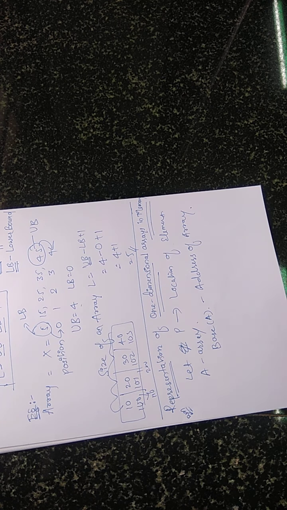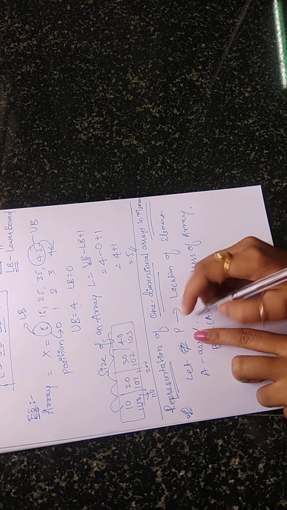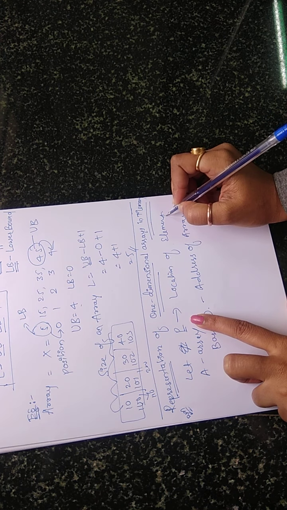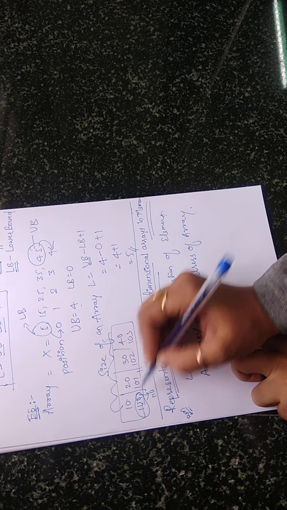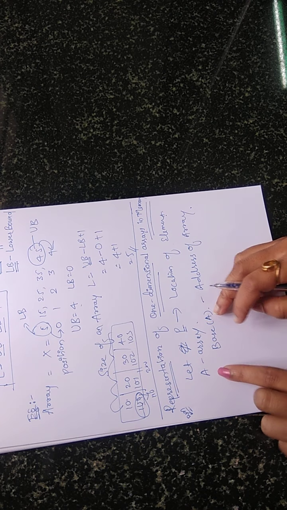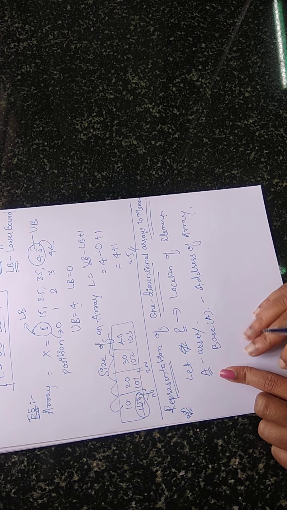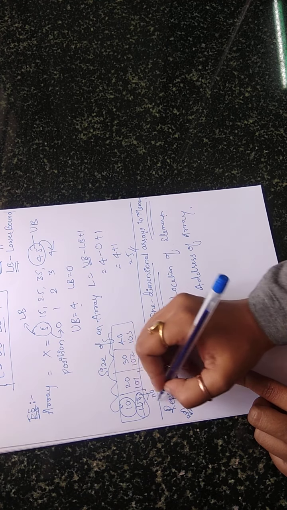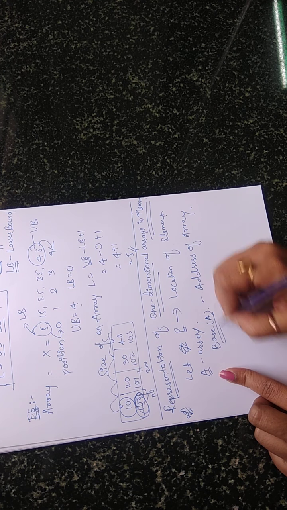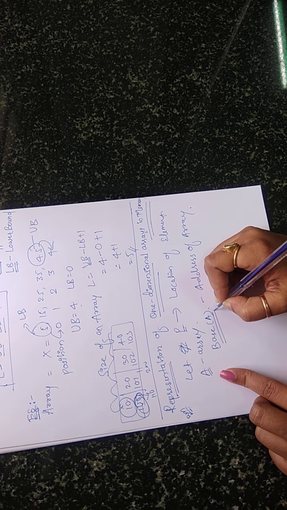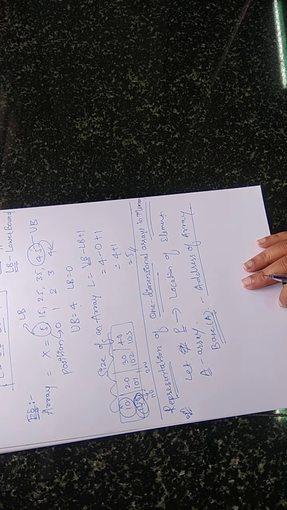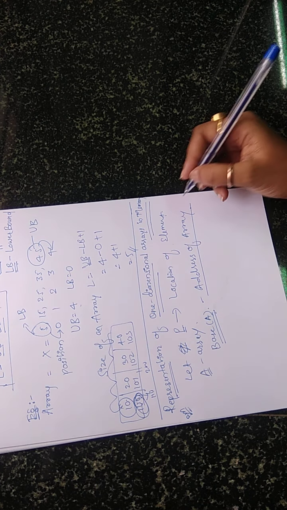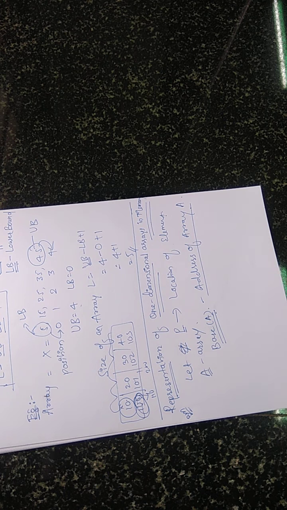We are checking how a one-dimensional array is stored in memory. We considered P as the location of an element, for example 10 stored at location 100, and the array name as A, with the first element's address as base of A, that is, the address of array A.